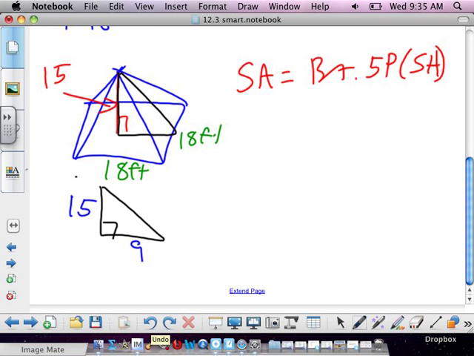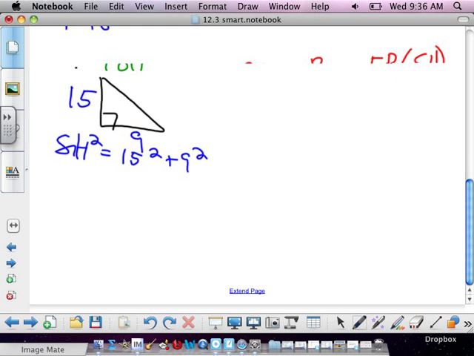Pythagorean theorem, okay? Slant height squared equals 15 squared plus 9 squared. So 15 squared plus 9 squared, and I get 306.